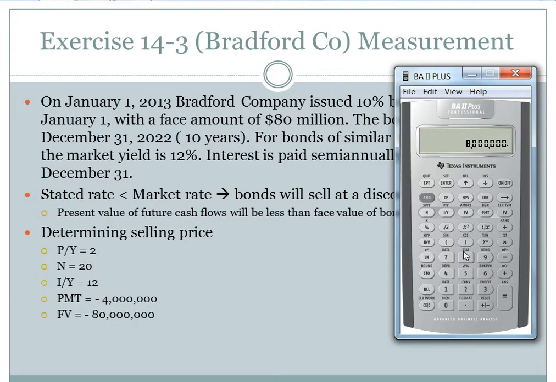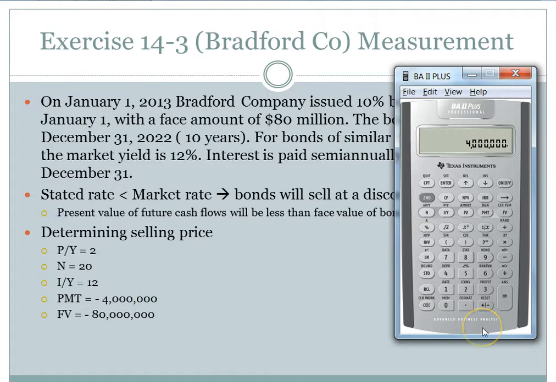The total amount of interest payments for the year is $8 million, but the payments are going to be divided into 2 payments for the year. So 8 million times 0.5, or times 6/12, however you want to do that, gets me to $4 million in interest payments. So my payments are going to be $4 million every 6 months.